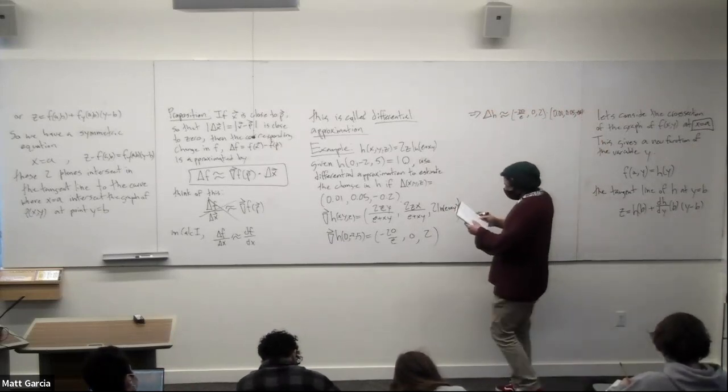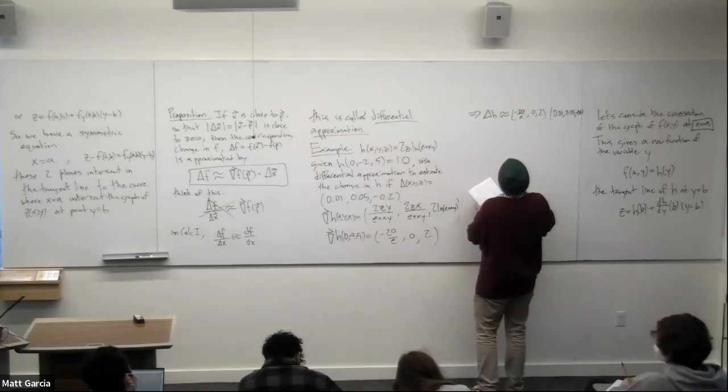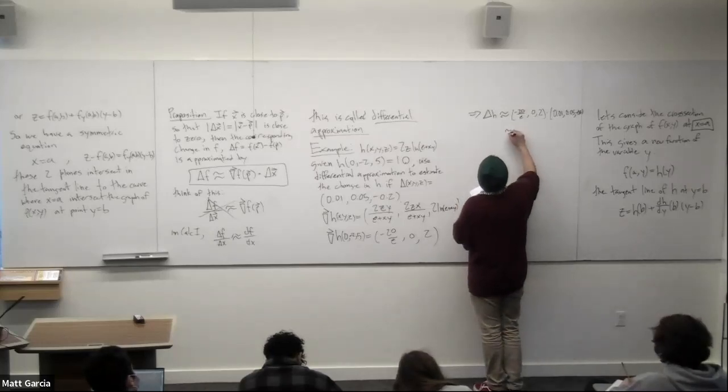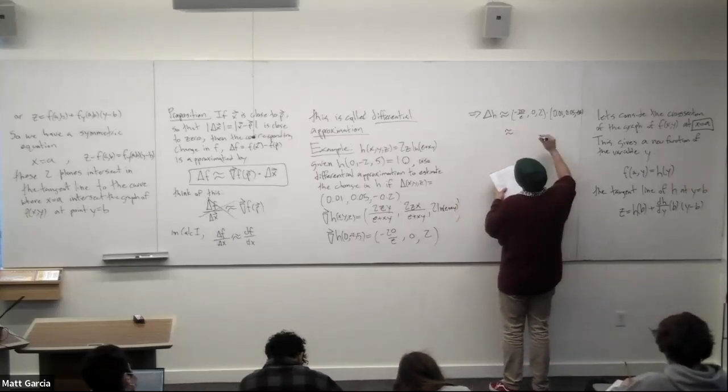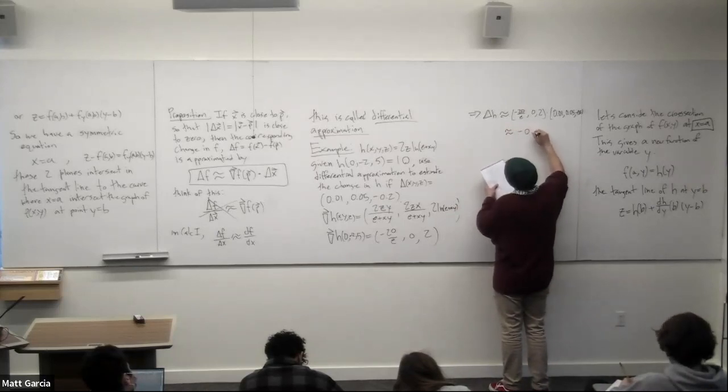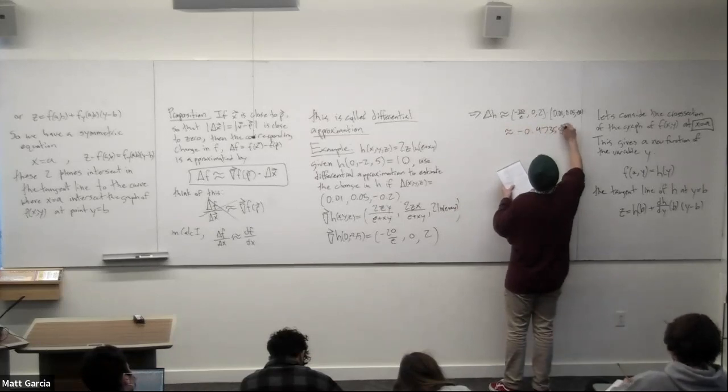Okay. If I actually calculate this dot product, I get approximately negative 0.47358.